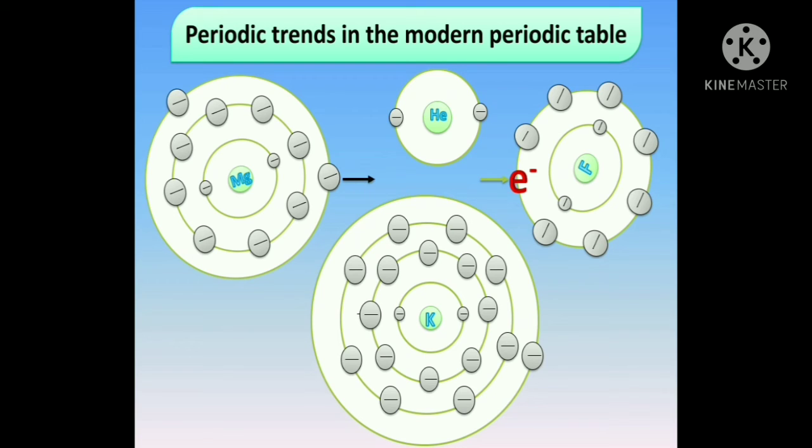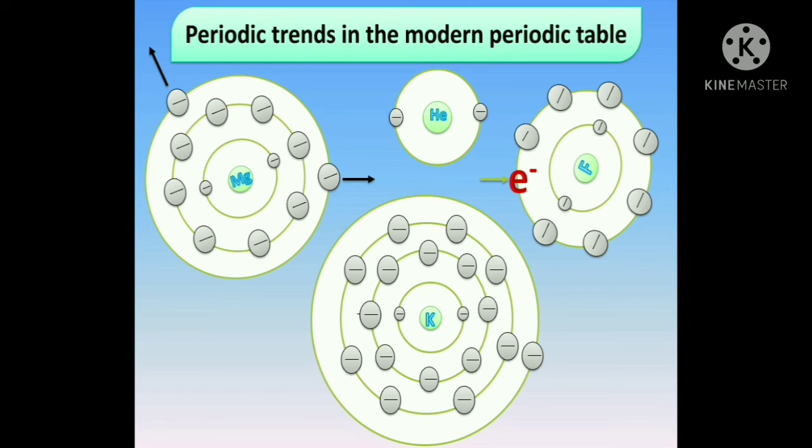Now, let us look at Mg. As Mg's electronic configuration is 2, 8, 2 with atomic number 12, the 2 valence electrons in the outermost orbit will like to be lost instead of gaining 6 electrons to complete its octet. If we see potassium, its electronic configuration is 2, 8, 8, 1.